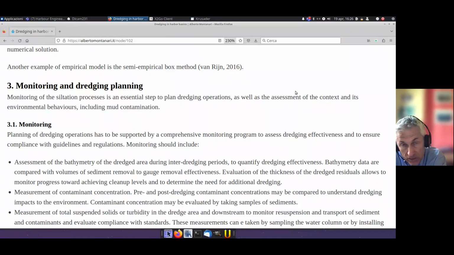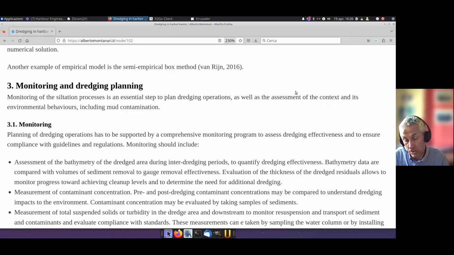We need to measure the total suspended solids or turbidity in the dredge area, and if we are dealing with a channel, also downstream, to monitor the resuspension of the sediment.